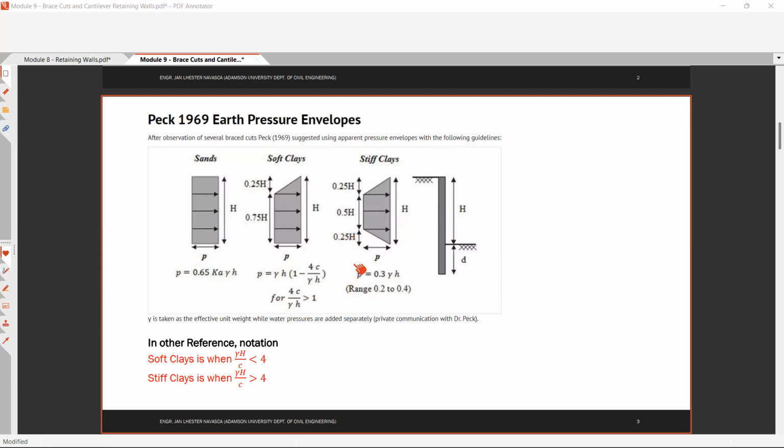Okay, this is for stiff clays. Typically, the range for stiff clays is 0.2 to 0.4.